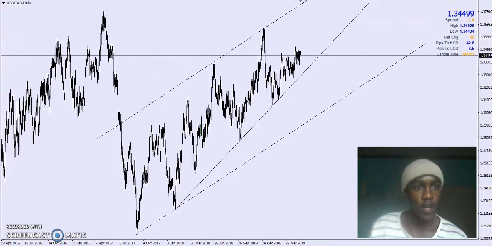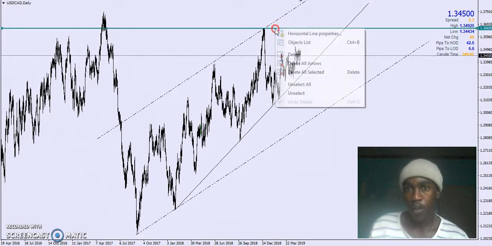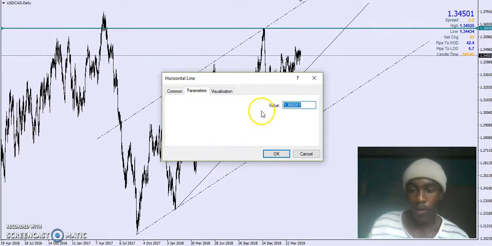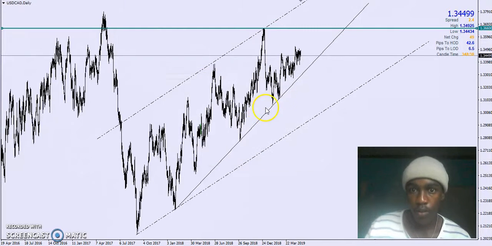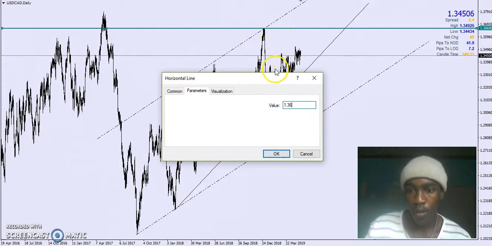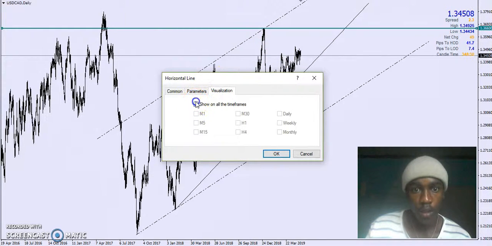And if we look at resistance, we have it over here on 1.36500.